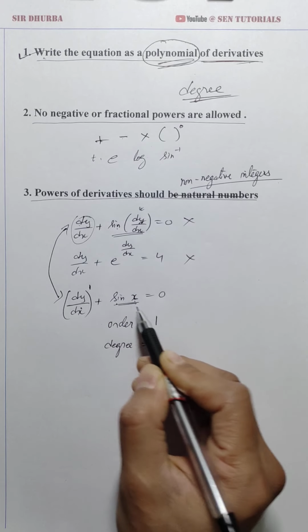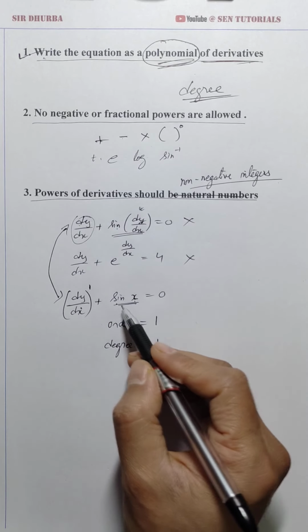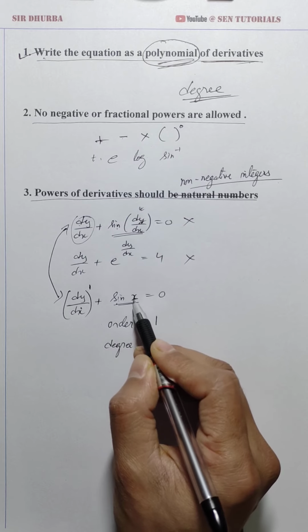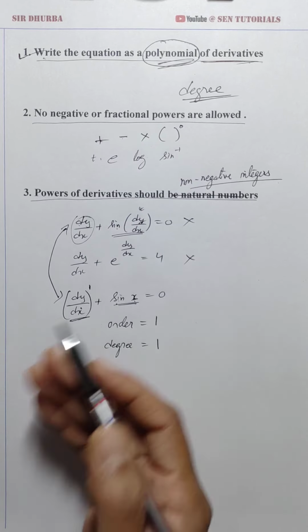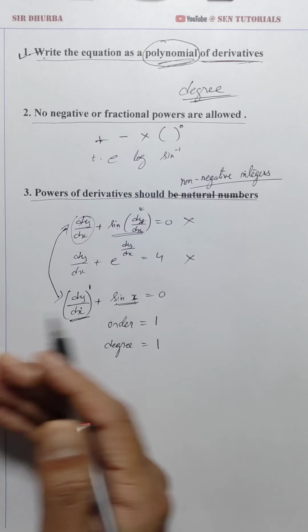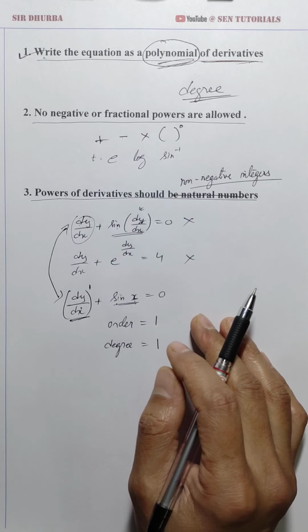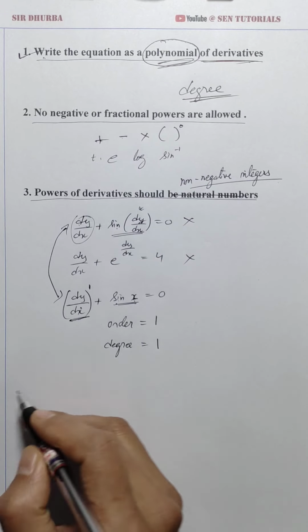I did not say on the variables. So here there is no differential. Trigonometric function is applied on x only. So we are concerned with the differentials only. We are not really concerned with what happens with the other variables. So no problem at all here.